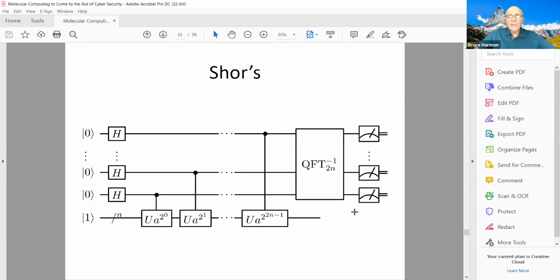Here's how you would think about Shor's. Like I said, the inputs are coming here on the left. They're definitive, and they're turned into superpositions with the Hadamard. And then these U transformations are given here. And so a way to think about it is each one of these represents a signal flow left to right.